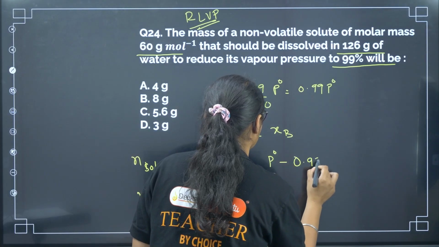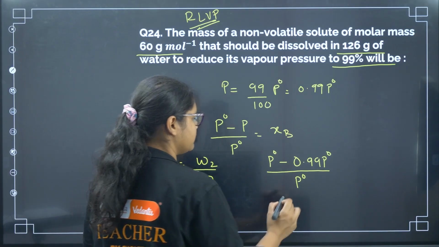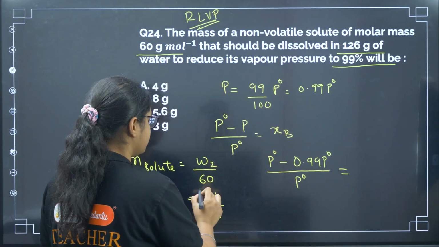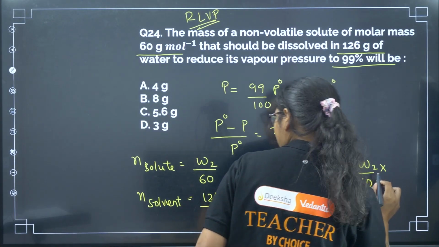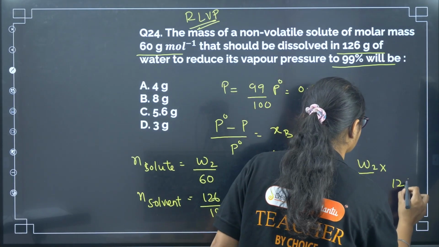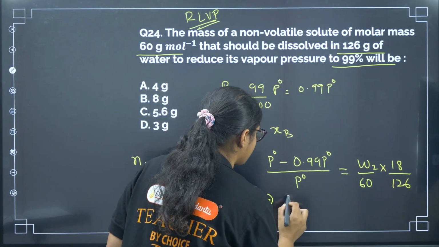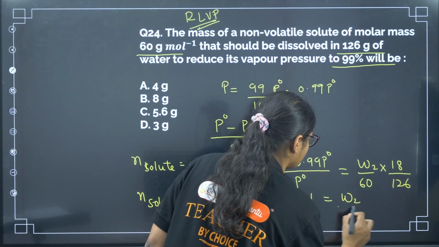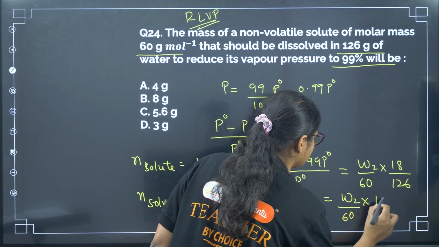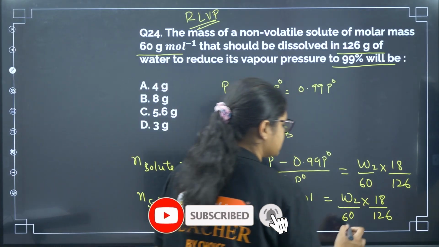P is 0.99 P naught, minus, divided by P naught, will be equal to XB value, W2 by 60 into 126 by 18. Okay, so this one we can write as 0.01 equal to W2 by 60 into 18 by 126. Okay, so we can easily solve this one.